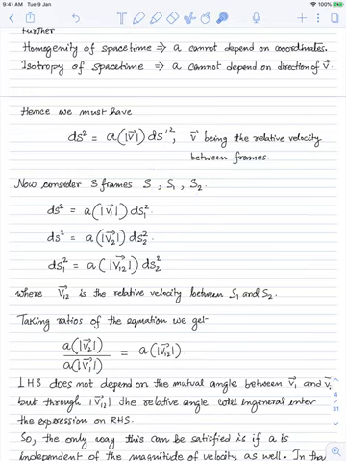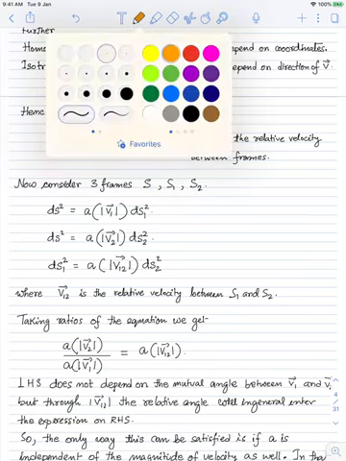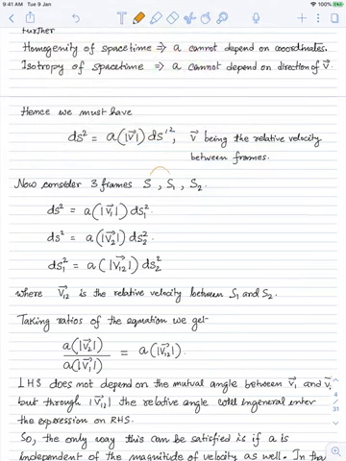Maybe it's also worthwhile to write that down. So this relative velocity is V1, and this relative velocity is V2.